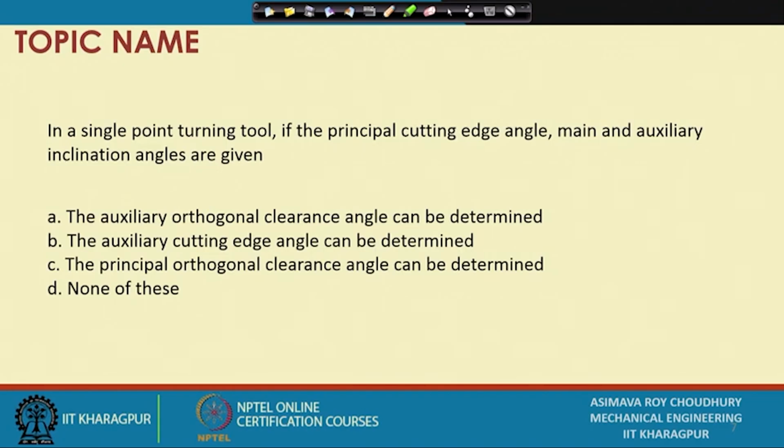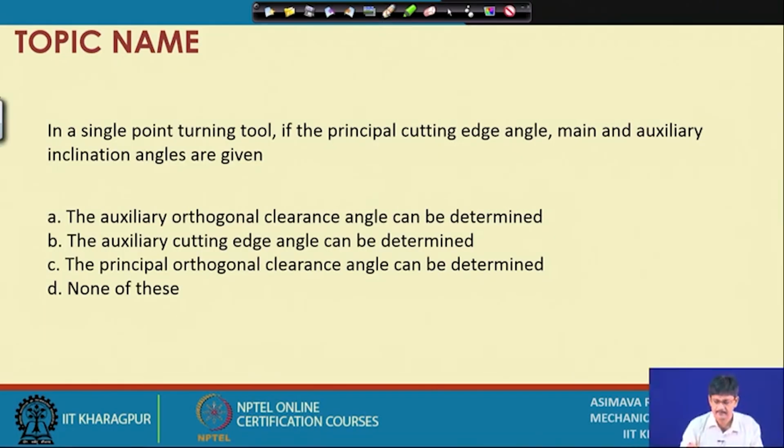So, let us find out what is given. Principal cutting edge angle is given. So, this is the principal, this is say the principal cutting edge.